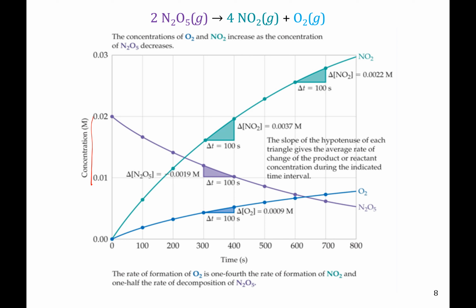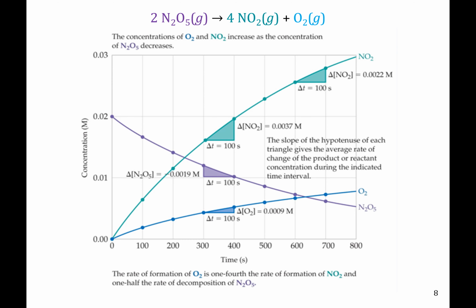We can take a look at how things are decaying and how things are increasing. In the purple we see the decay for our reactant. Over time, our reactant is going down, it's decreasing. At the same time, we're increasing NO2 and we're increasing O2.